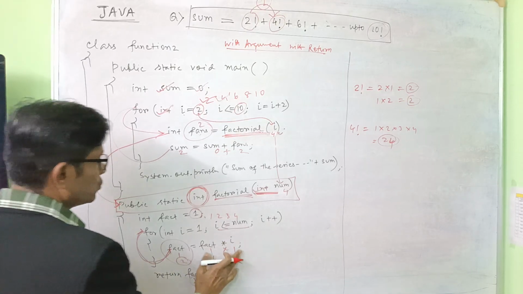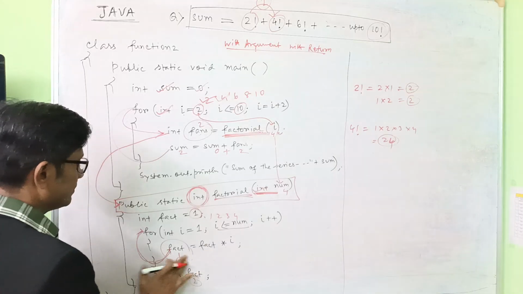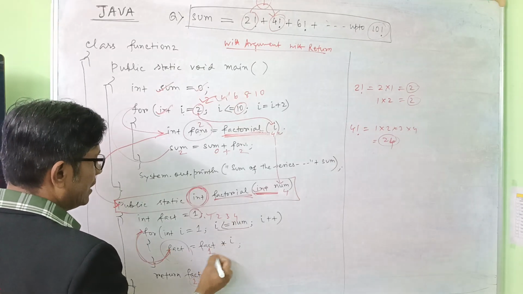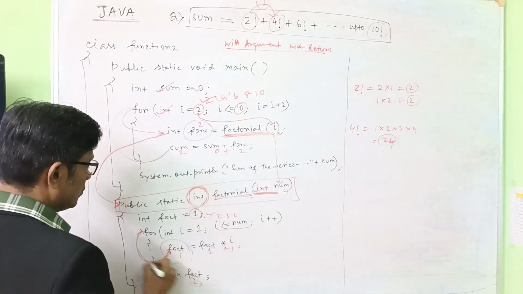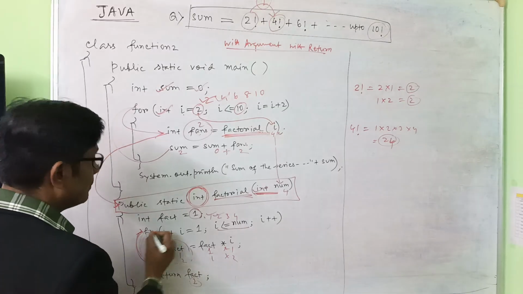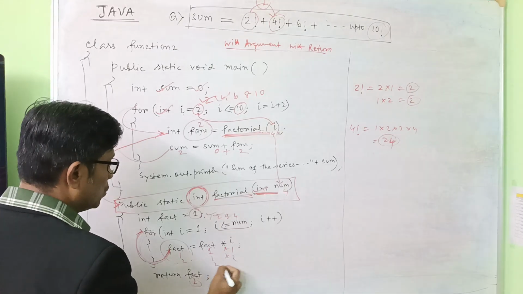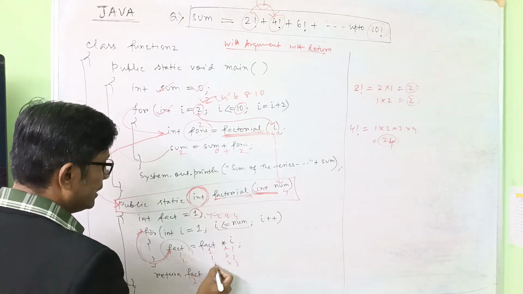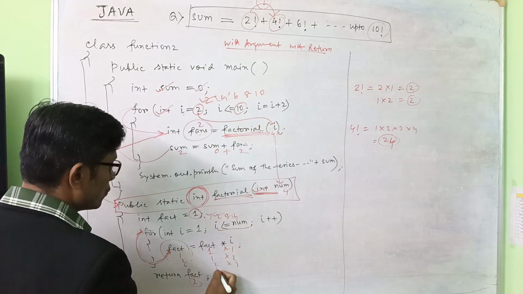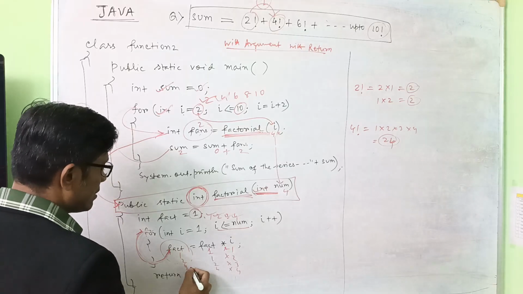Once again you see how we are doing it. i equal to 1, so 1 into 1 is 1. Going back, then 2: 1 into 2 equals 2. Going back, then 3: 2 into 3 is 6. Then going back, i equal to 4, so 6 into 4 is 24.